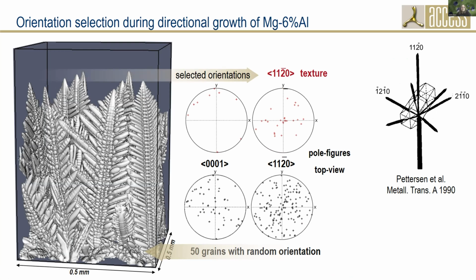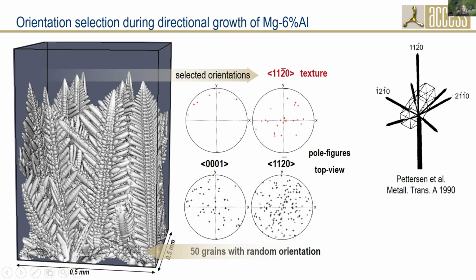This was quite in line with the experiments, and we also found such data in literature, where this was a common selection and growth mode, with the dendrite growing along one of the prism arms. You can see the neighboring arms at a 60 degree angle, and in this pole figure, at 60 degrees, you see the shrinking of these secondary arms.